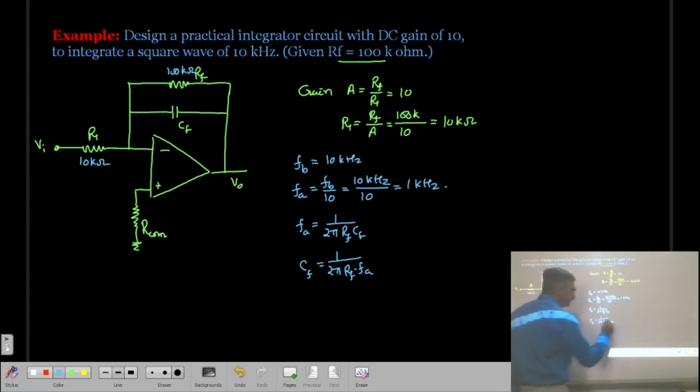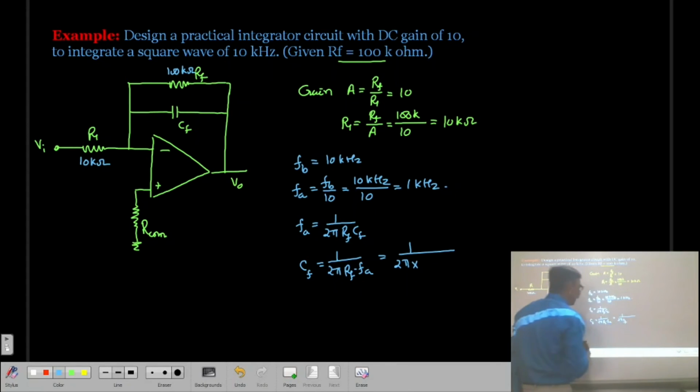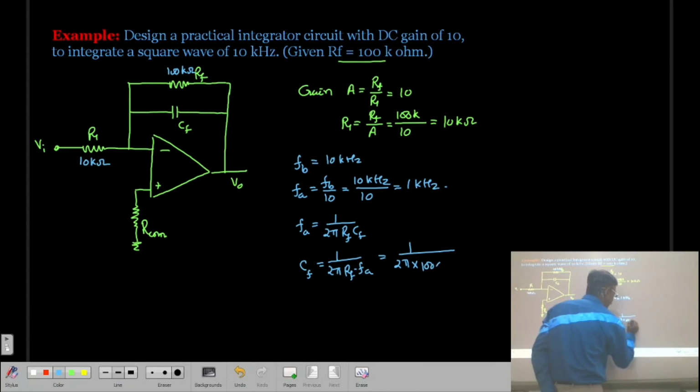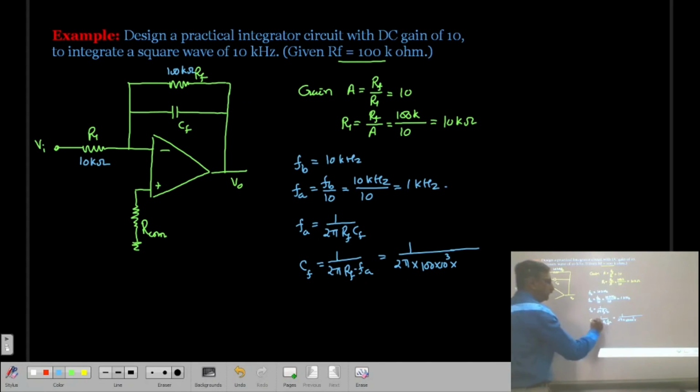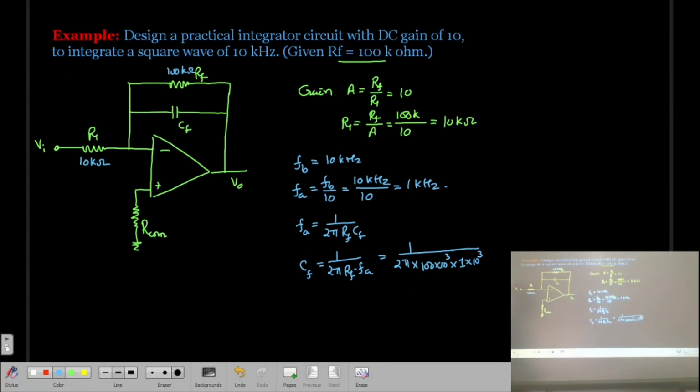And we put all these values: 1 upon 2 pi, RF is 100 kilo ohm, 100 into 10 to the power 3, and my frequency FA is 1 kilohertz, so 10 to the power 3. If we calculate this, the capacitor value comes out to be approximately 16 nanofarad. So here we have to connect a capacitor of 16 nanofarad.